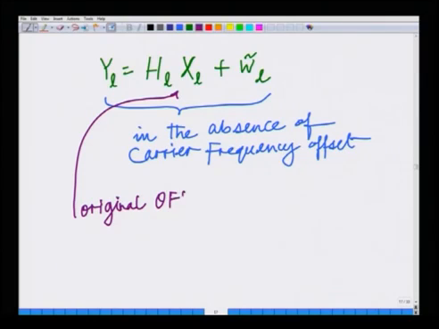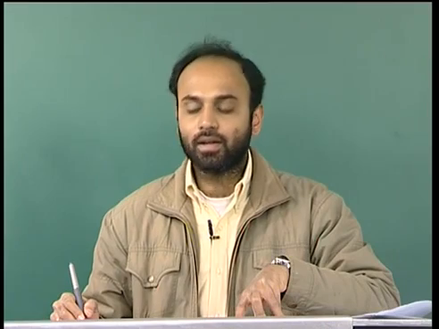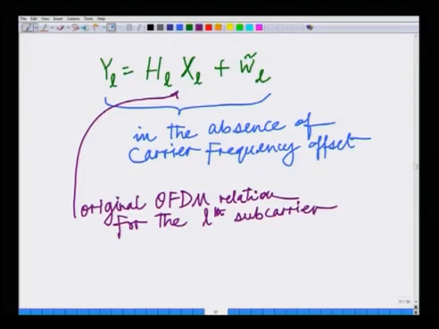This is in fact the original OFDM relation for the Lth subcarrier, that is Y_L equals H_L times X_L plus W̃_L.